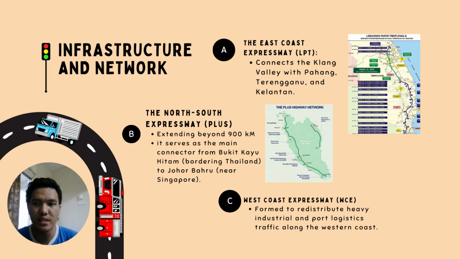Next is the East Coast Expressway, or LPT, which links the economic hub of the Klang Valley to the eastern states of Pahang, Terengganu, and Kelantan. To alleviate pressure on this road, the West Coast Expressway (WCE) was developed specifically to distribute heavy industrial and port logistical traffic along the western coast.